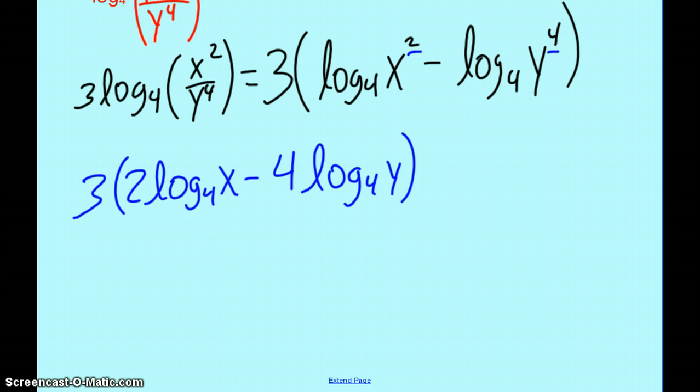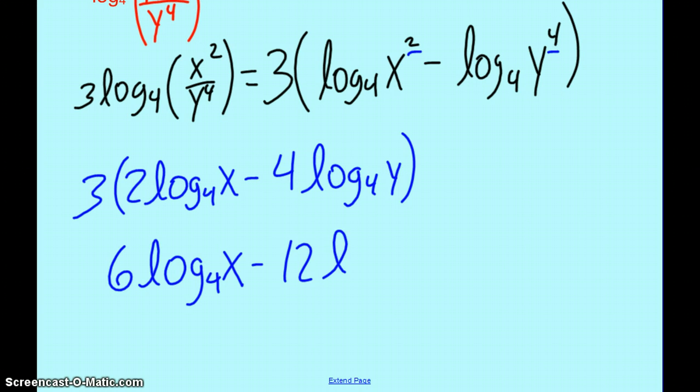From here, you can finish the problem by distributing the 3, making your answer 6 times the log base 4 of x minus 12 times the log base 4 of y. And again, that parenthesis made sure that the 3 went to both the log of x and the log of y. So this is called expanding logarithms.